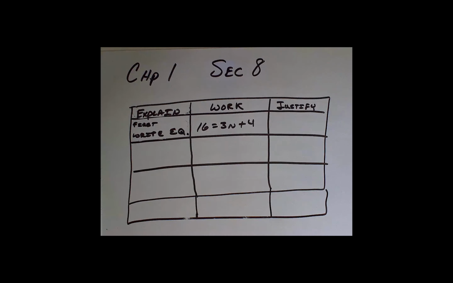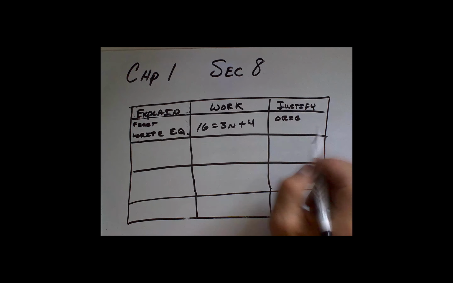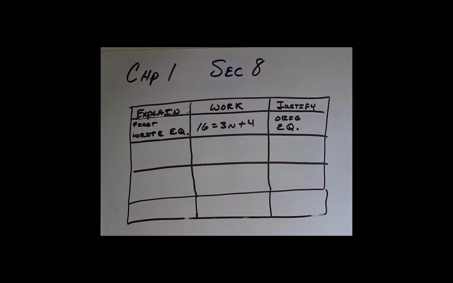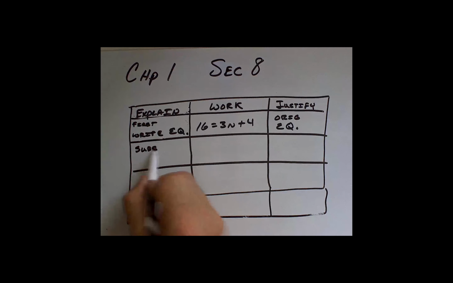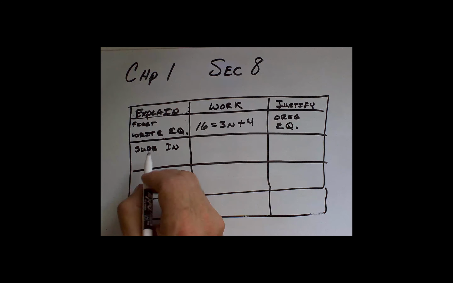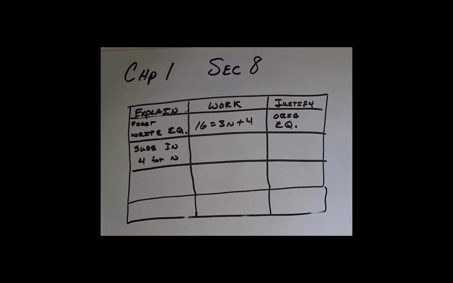Next, we're going to justify what we've written, and we're going to just call this original. I'm going to call it orig equation. It's the original equation. Next, we're going to substitute something in. So I'm going to write this down here: substitute in 4 for n.